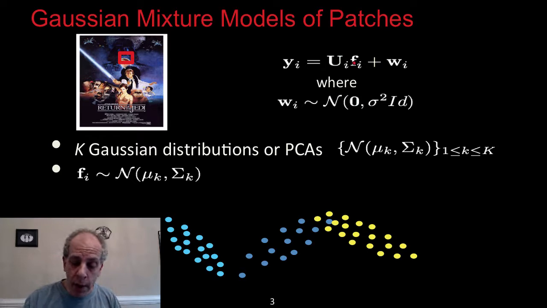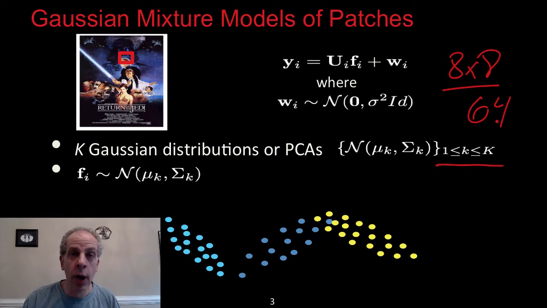Now, we're going to model these signals with K different Gaussians. So if the patch is 8 by 8, we again have a 64-dimensional vector as before, and we're going to model with K 64-dimensional Gaussians.